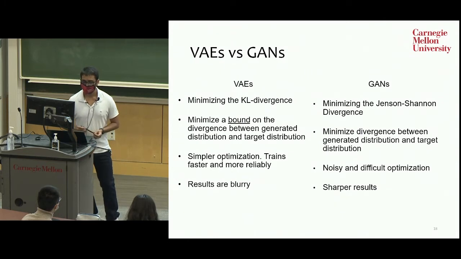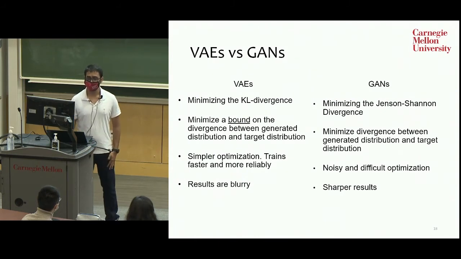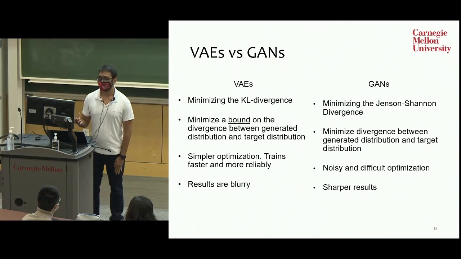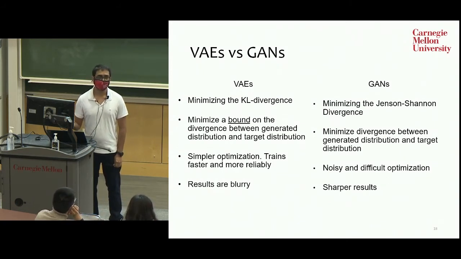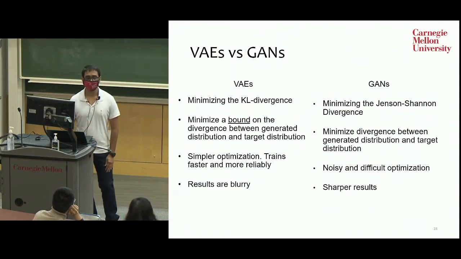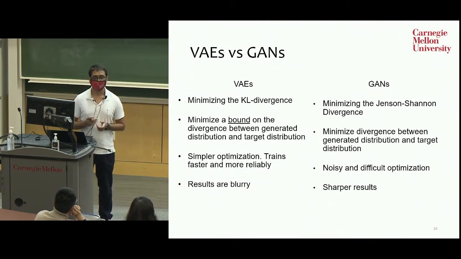But in GANs, you are minimizing the divergence between the learned distribution and the target distribution. In VAEs you are minimizing the bound between the two distributions, and in GANs you are minimizing the divergence between the two distributions.